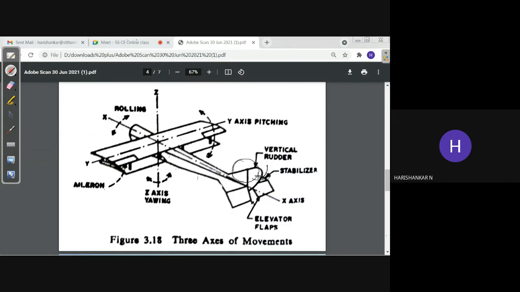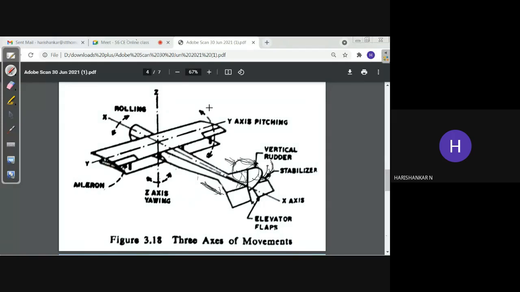Once it's rotated in this direction, the velocity will be less on this side because the airflow gets hindrance from the arrival of the rudder. But on the other side the air will flow more because there is no hindrance from the rudder. So here the flow will be less, here the flow will be more.